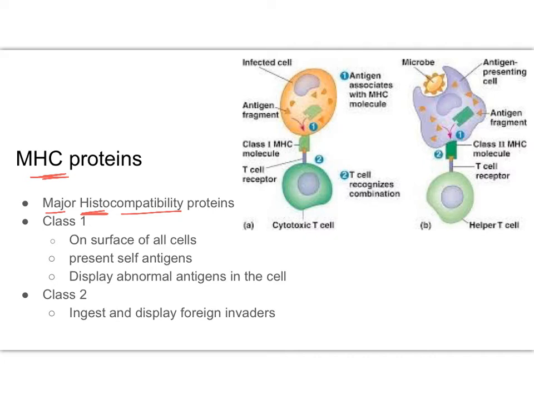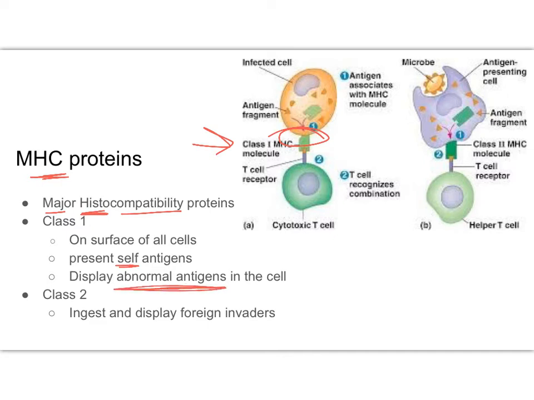These are going to display self-antigens. So these MHC complexes, MHC class 1 in particular, is how you're going to know that this cell belongs to you. You can see a class 1 MHC molecule on this infected cell here, so you know it's one of your own cells, okay, but you can also then determine that it's infected. And you can do that because the class 1 MHC will also display abnormal antigens that are in the cell.